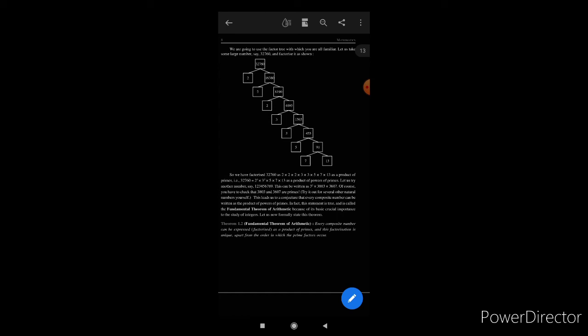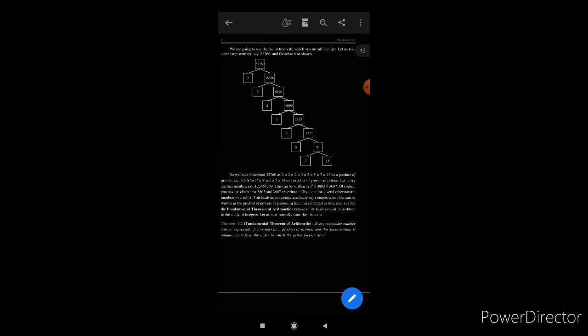Let us take some large number, say 32,760, and factorize it as shown. 32,760 divided by 2 is 16,380, and again divided by 2 it is 8,190, and again divided by 2 it is 4,095. 4,095 divided by 3 is 1,365, and again divided by 3 it is 455, and divided by 5 it is 91, and divided by 7 it is 13.